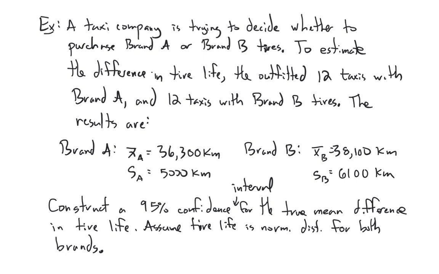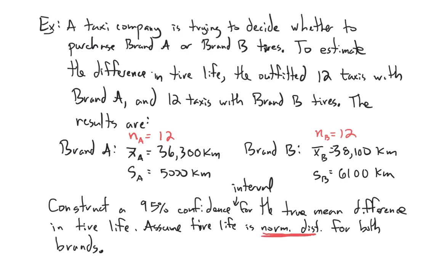Okay, now that we're back, we find that our sample sizes are small here. So we know n1, or nA, the number of taxis with brand A tires was 12, and the number of taxis with brand B tires was also 12. So we have small samples, but we're lucky in that we know that the tire life is normally distributed.